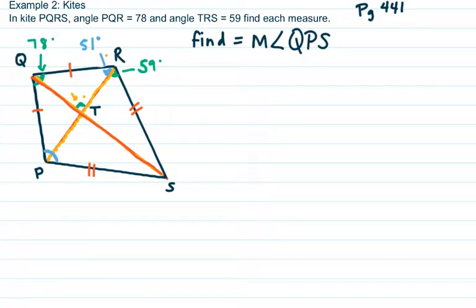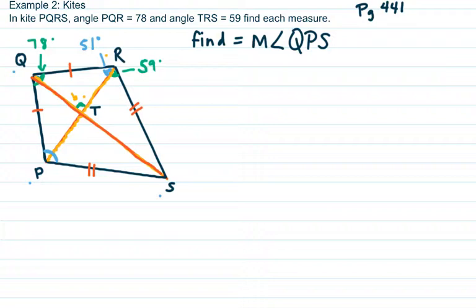Okay, this one is not so hard because remember that the angle across from it, remember one of the rules was that there was at least or exactly one pair of opposite angles that were congruent. So that means that QPS, this angle here, is congruent to QRS.